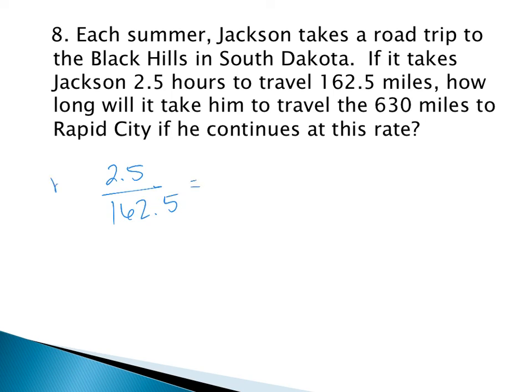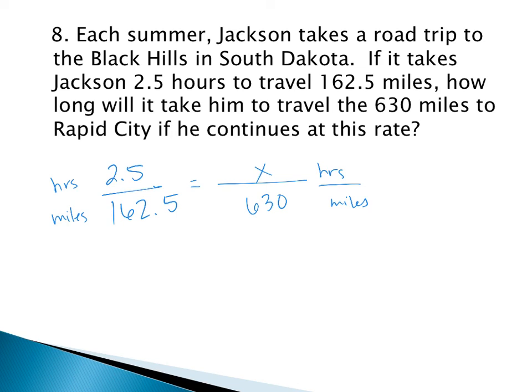Now remember, this is hours over miles. So over on the other side, we have to have hours over miles. So it's 630 miles. So that's going to go on the bottom, and we want to find out how many hours that is. So we put an X on the top. So it's 2.5 over 162.5 equals X over 630.